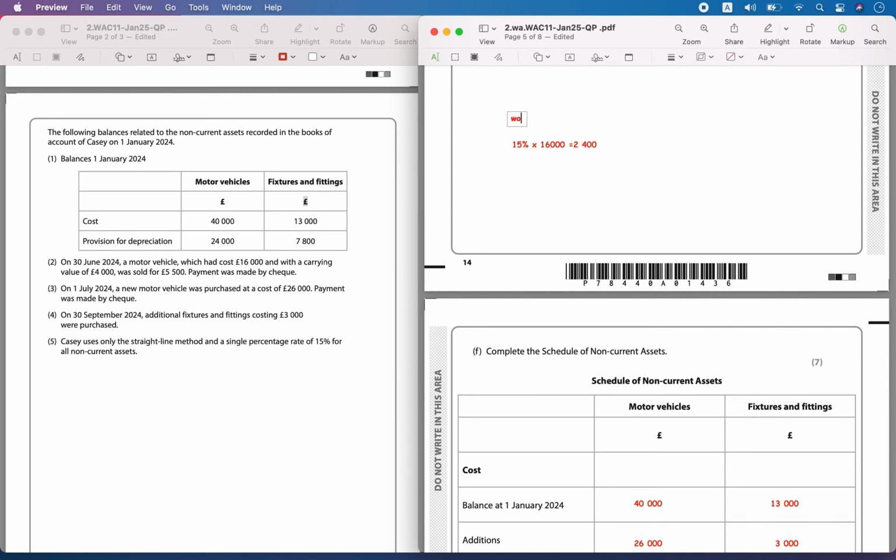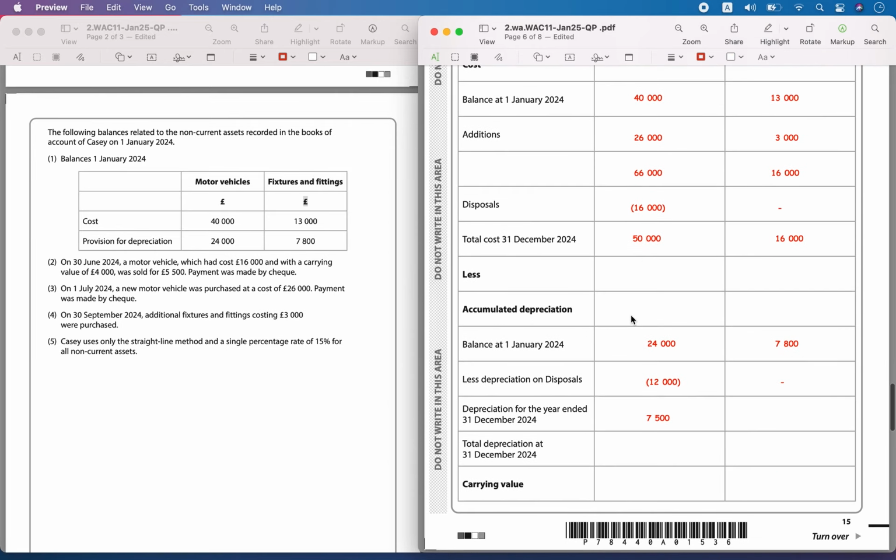So this is working. So let's write that. So here it is 2,400, this year's depreciation, okay, of the remaining vehicle. Now the total depreciation which is left at the end of December 31st. So 24,000 minus 12,000 plus 7,500.